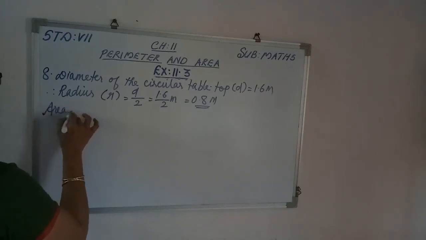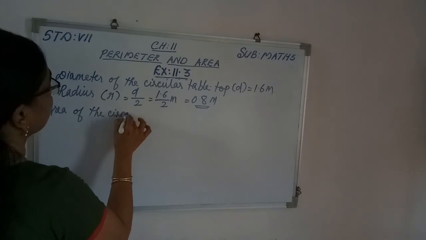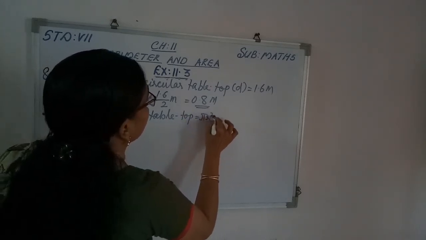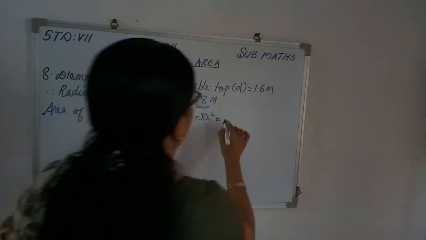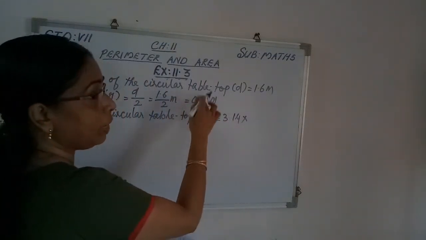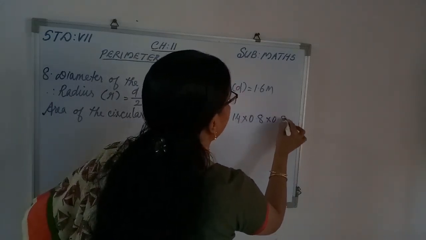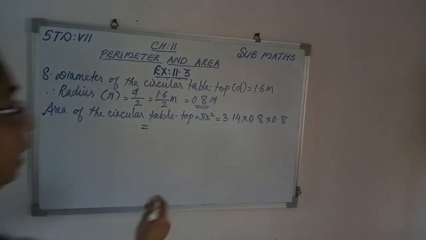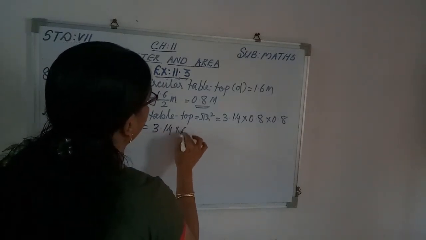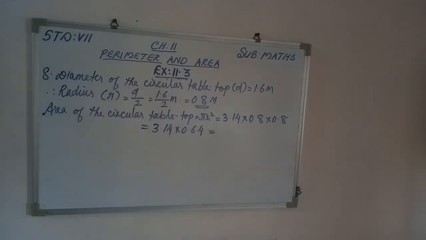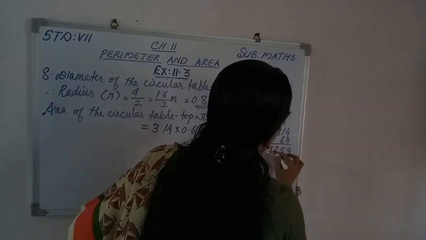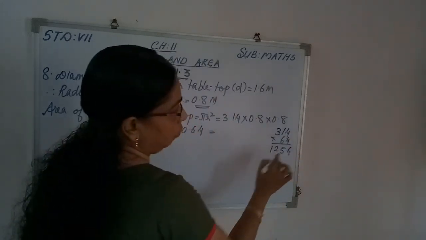Area of the circular tabletop is pi r square, that's equal to pi, you have to take it as 3.14, multiplied by 0.8 square, that's 0.8 multiplied by 0.8, which is 0.64. 3.14 multiplied by 0.64, multiply and find out. 4 4s are 16.